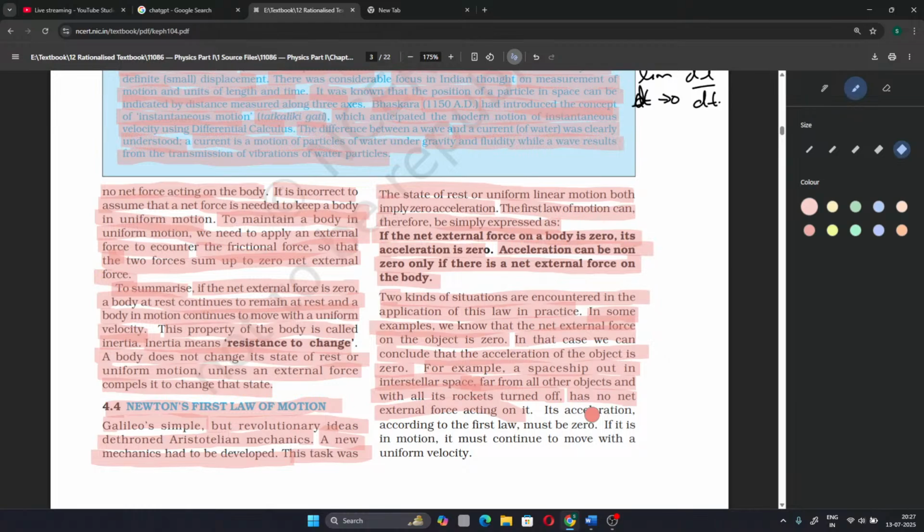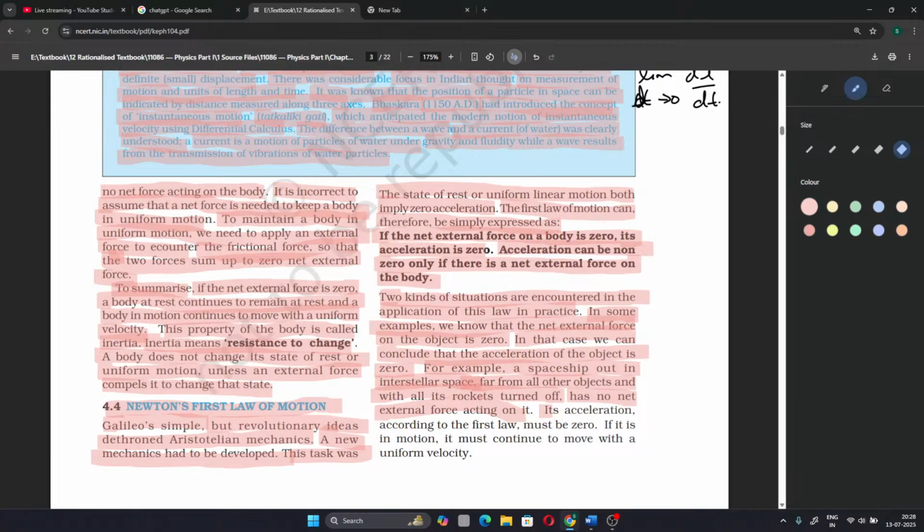That is why we took interstellar space here, very far away from Earth, as a good example. In this case, there is no net external force acting on that spaceship because the rockets are also turned off.